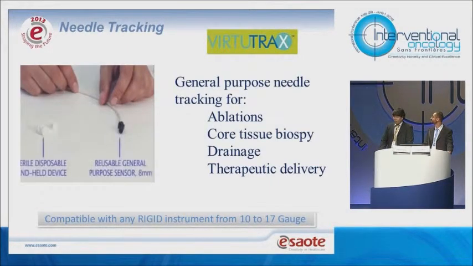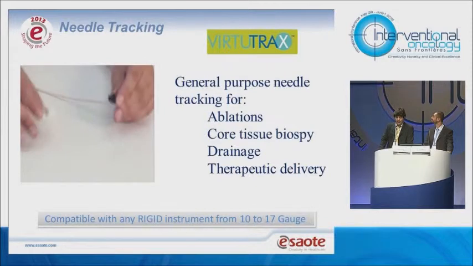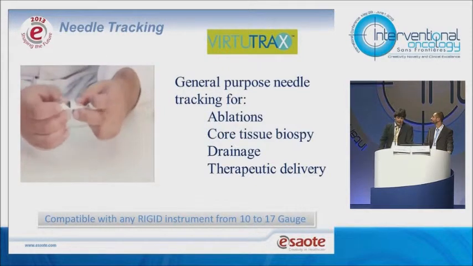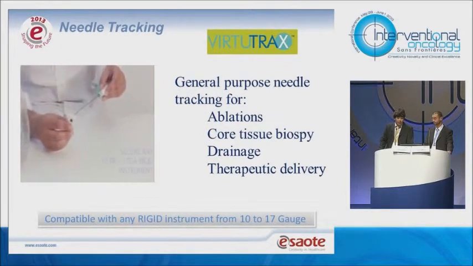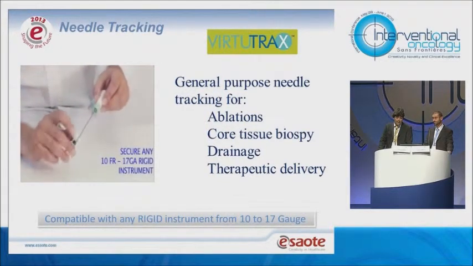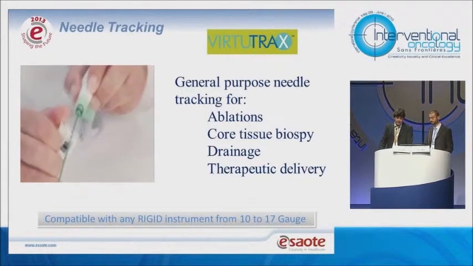A second solution, also from Civco, is called VirtuTrax, and is again an electromagnetic sensor that this time can be coupled with the ablation device, not on the tip, but on its axis.